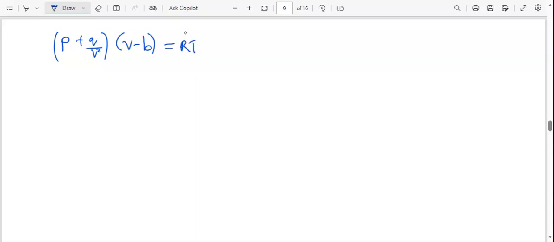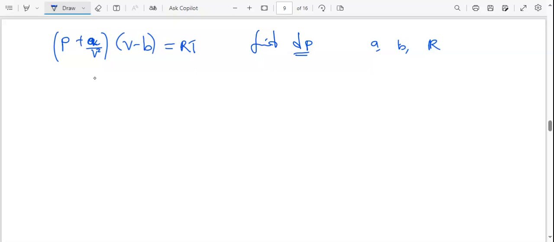Now we are told to find dP. Let's say the information is that A, B, and R are constant. So we won't actually be interested in those.